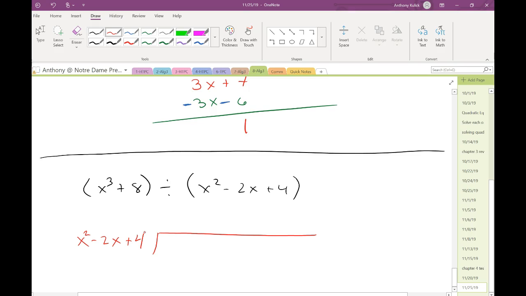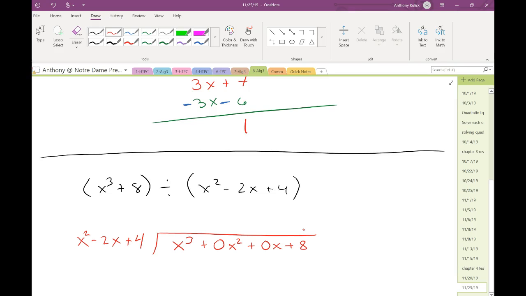And what should go under the division bar? X cubed plus 8. But I'm not going to write it like x cubed plus 8. How would I write it? I'm going to write it as x cubed plus 0x squared plus 0x plus 8.